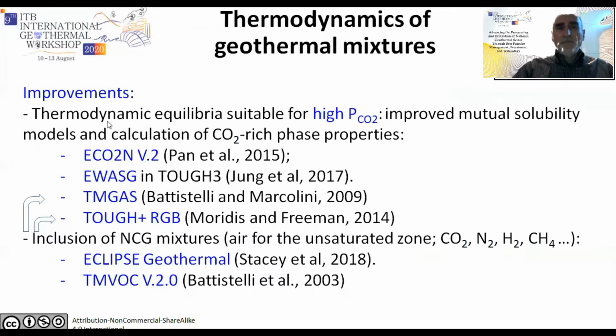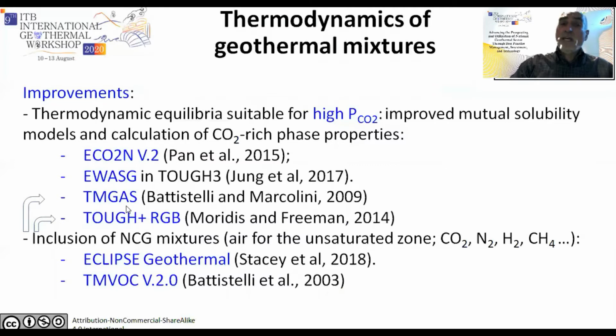Improvements: we would like to have thermodynamic equilibria suitable for high partial pressure of CO2, with improved mutual solubility models and calculation of CO2-rich phase properties. There are already codes doing that, or at least partially doing that, such as ECO2N, developed at Lawrence Berkeley, and ECO2N V2, the version included into TOUGH3.